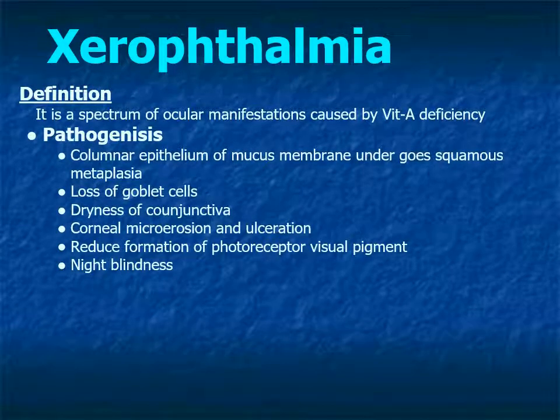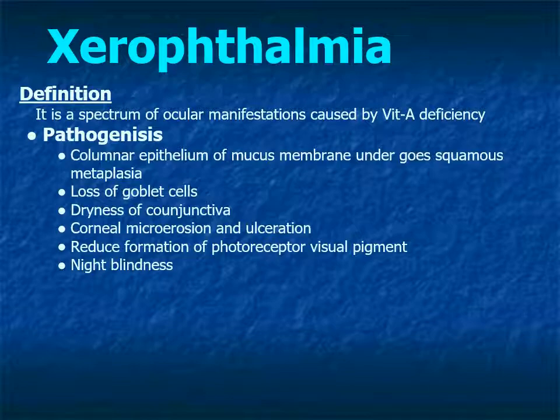So what is xerophthalmia? Xerophthalmia is a spectrum of ocular manifestations caused by vitamin A deficiency. And the pathogenesis of xerophthalmia is that the columnar epithelium of mucous membrane undergoes squamous metaplasia.